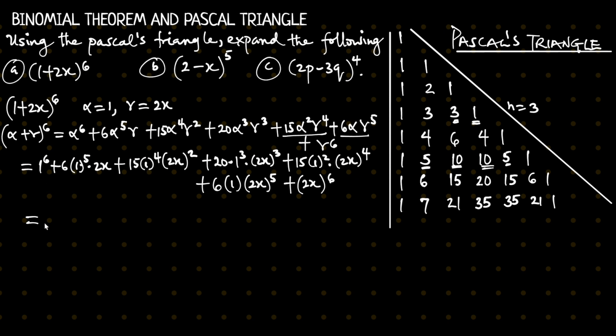Now 1 to the power of 6 is 1, plus 1 to the power of 5 is 1, times 6, we have 6.